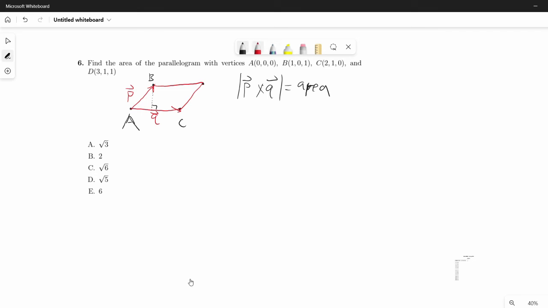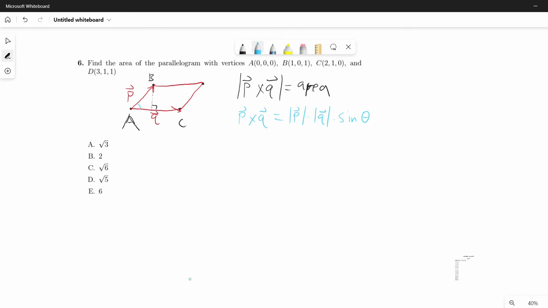If we go back to the cross product here, if you remember, P cross Q equals the length of P times the length of Q times the sine of the angle between.